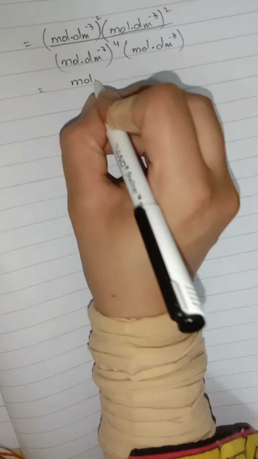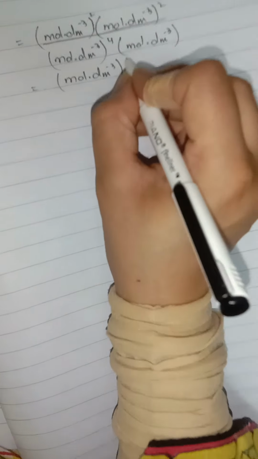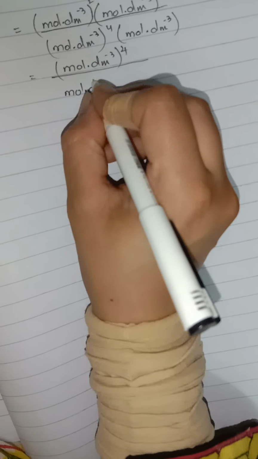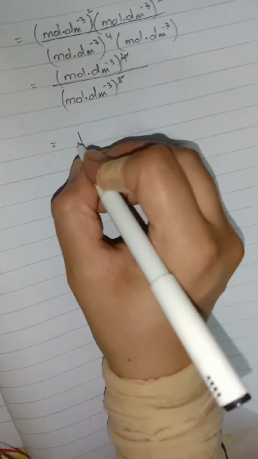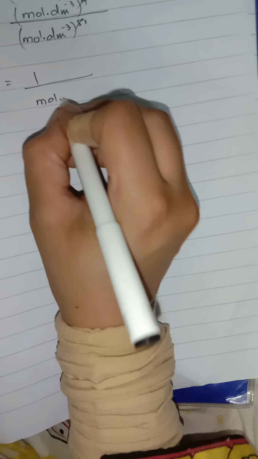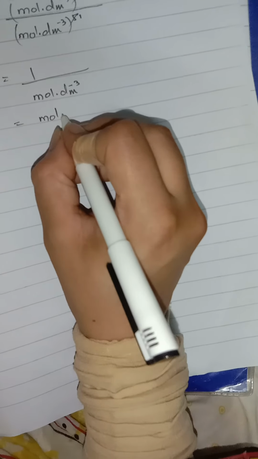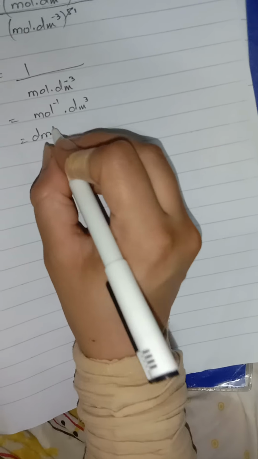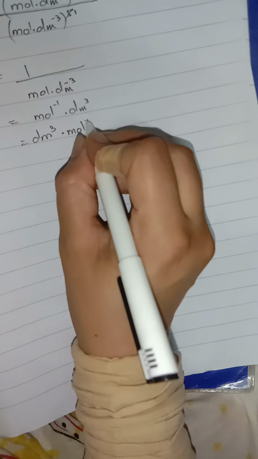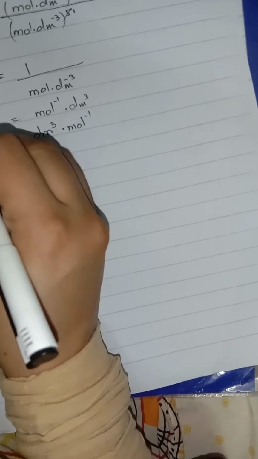It will become mole dm cube minus 3 raised to power 2, oops, it's 4, and mole dm cube minus 3 raised to power 5. Here it is 1. So it will become 1 divided by, 4 out of 5 are being cut here, 1 divided by mole into dm cube like this. And the unit will become mole minus 1 dm cube, or if we rearrange this, dm cube mole minus 1. And the Kc unit would be like this.